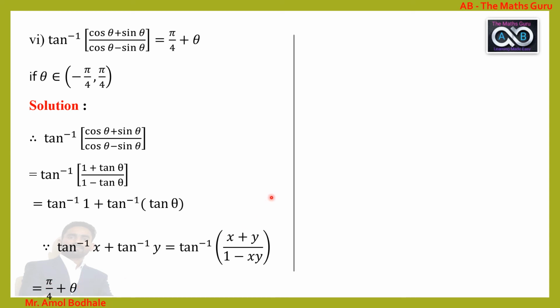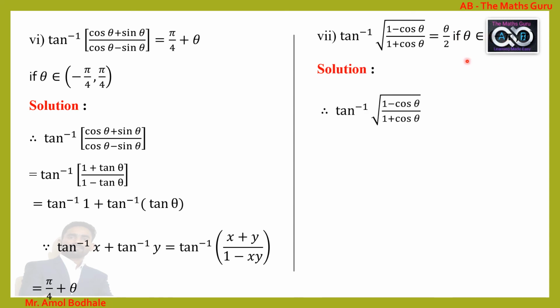Let's see the next example: tan inverse of square root of 1 minus cos theta upon 1 plus cos theta equals theta by 2, if theta belongs to minus pi comma pi. Here we consider the LHS, which is tan inverse of square root of 1 minus cos theta upon 1 plus cos theta.